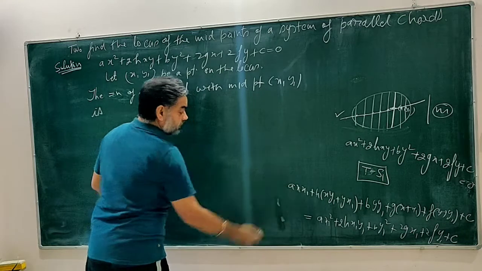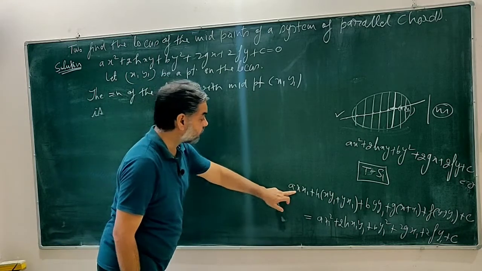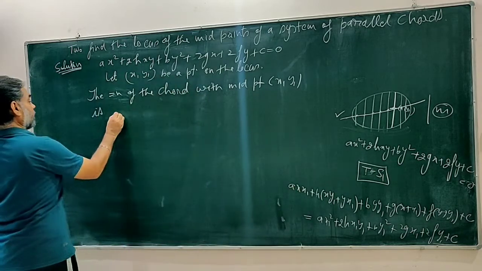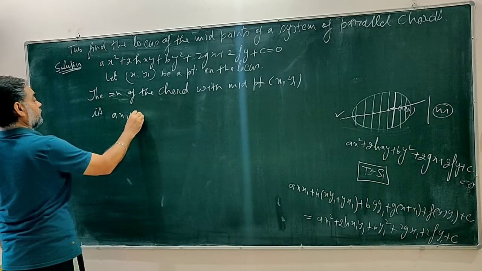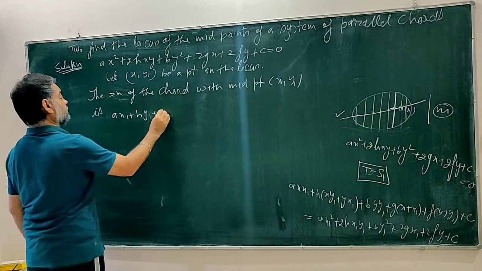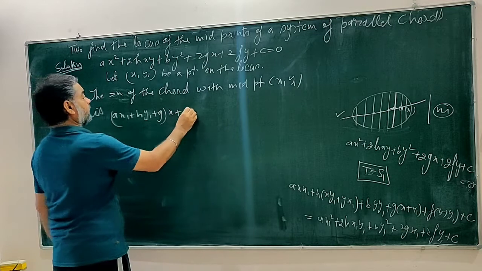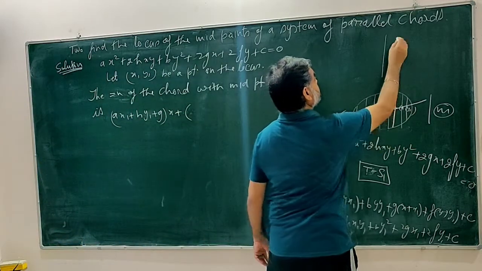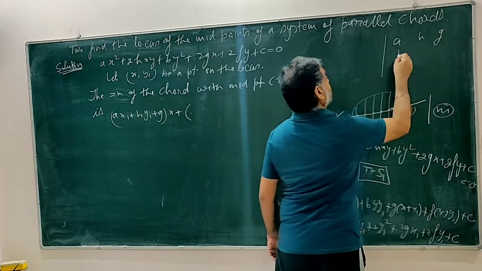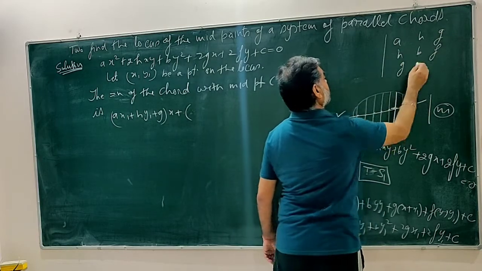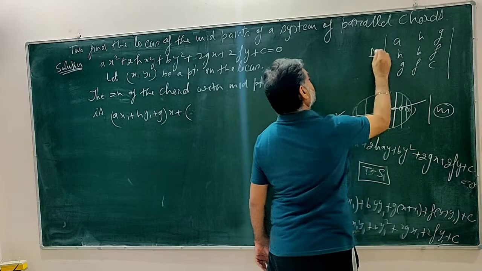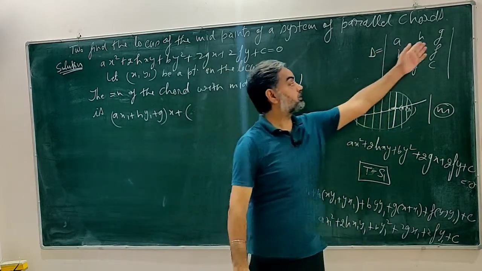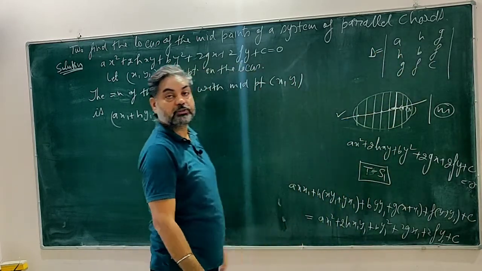We can also write T like this. We remember all these things from this determinant: a h g, h b f, g f c. So you know this determinant is delta. So a h g is the first row, h b f is the second row, g f c is the third row.